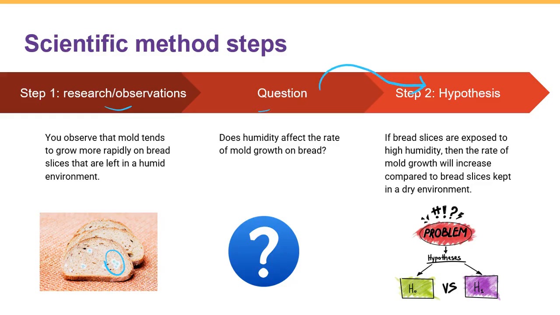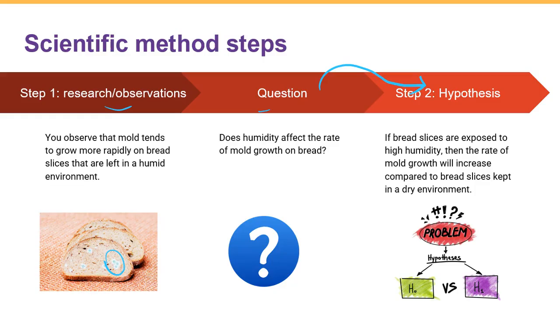So the next step would be the hypothesis. In your hypothesis, you say, if bread slices are exposed to high humidity, then the rate of mold growth will increase compared to the bread slices kept in a dry environment. That is the hypothesis that you made, according to the question and the research that you did.